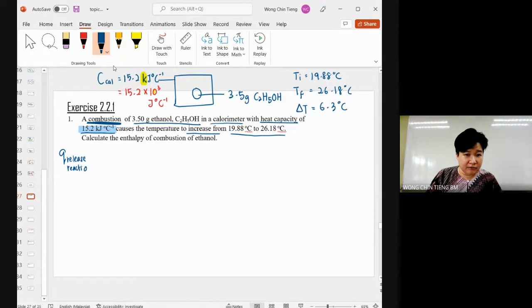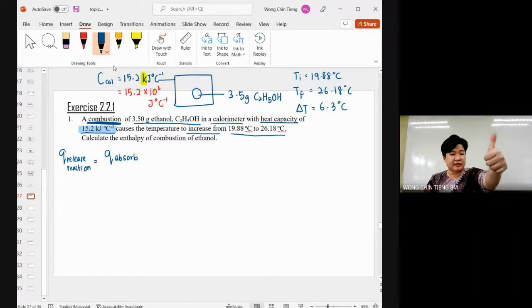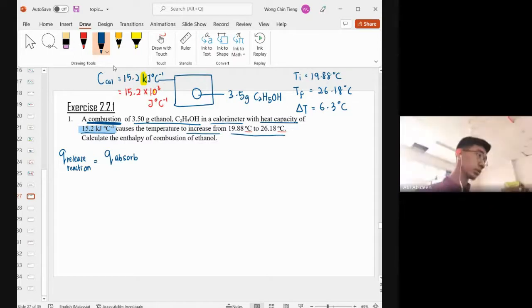Right now, my question: the heat release will be absorbed by who? Option kamu adalah calorimeter, solution, air. Siapa absorb heat sekarang? Ada air tak?